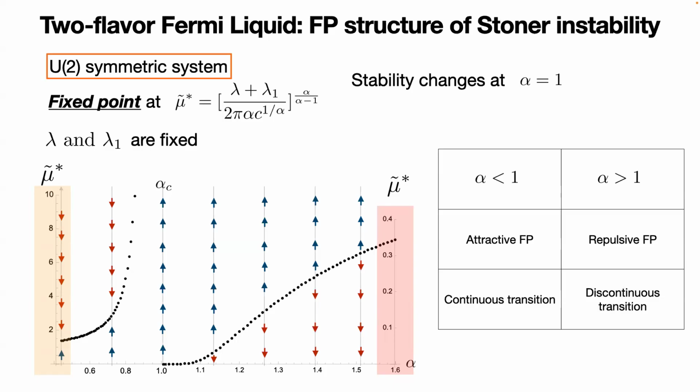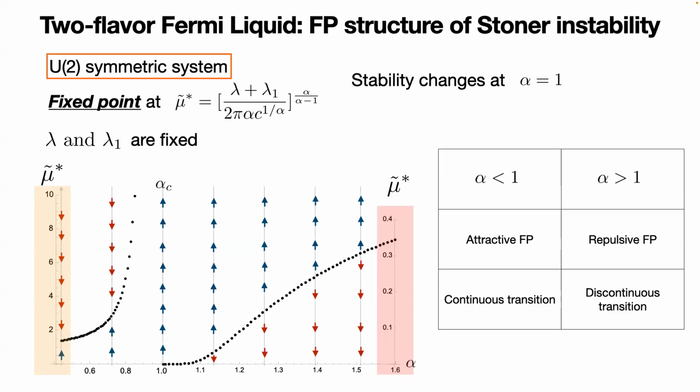So when alpha is less than 1, meaning any real value less than 1, the fixed point is attractive. So the RG flow will go into this fixed point. That means, given another interaction direction as a relevant perturbation, this is a critical point.